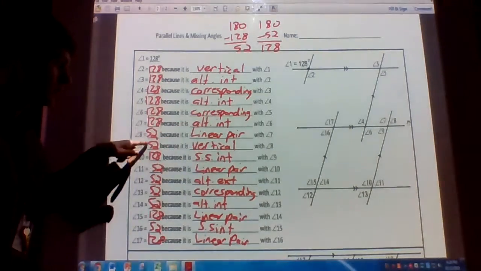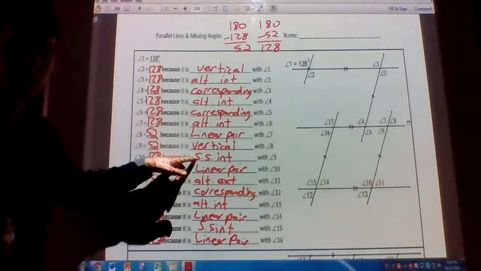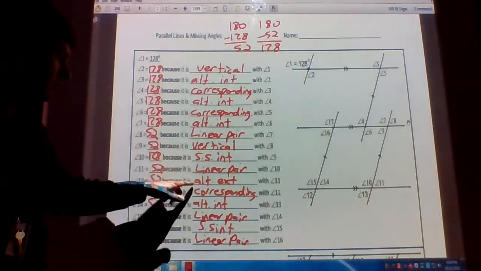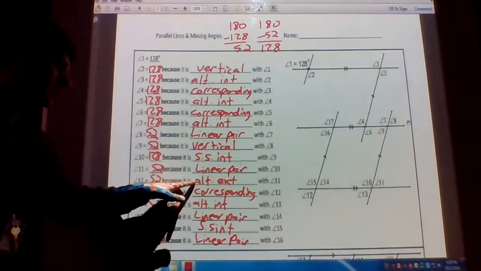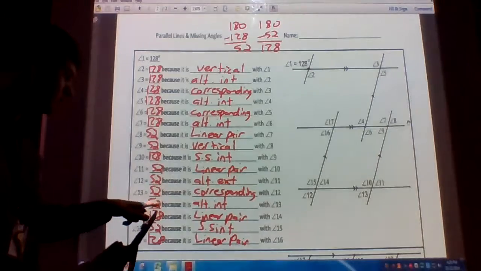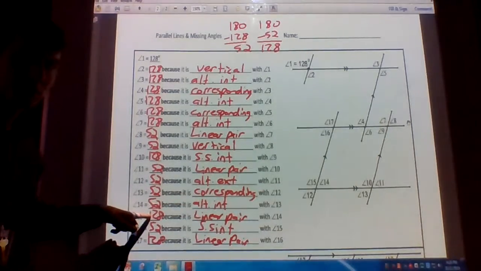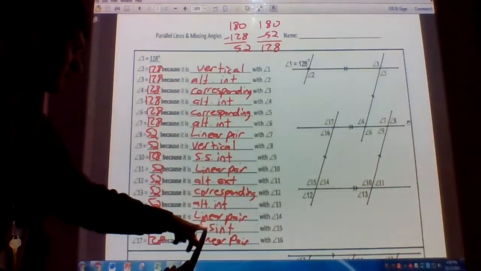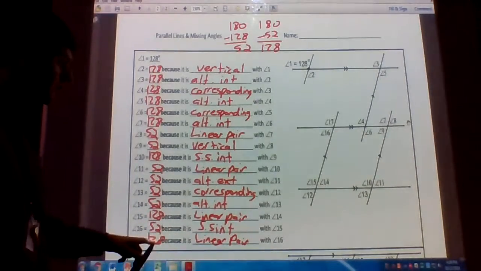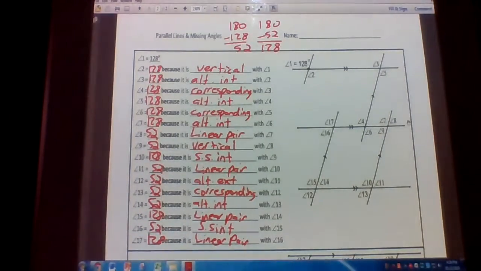Same side interior, if the lines are parallel, are supplementary. Alternate exterior, congruent. Corresponding congruent, alternate interior congruent, linear pair supplementary, so 180 minus 52, and then same side interior supplementary, so 180 minus 128, then linear pair supplementary, so 180 minus 52 is 128.